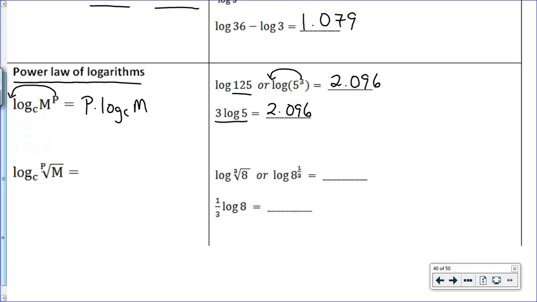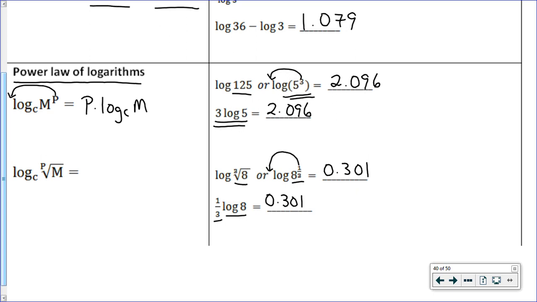Okay, and now with this one, I've got log of the cube root of 8, which turns out to be 0.301, or log of 8 to the power 1/3. And we know from grade 10 that these mean the same thing. And so down here, when I've got 1/3 times log 8, I've really taken this exponent and plopped it down in front, just like I did up here to get 3 log 5. If I do this on my calculator, I see the same thing.